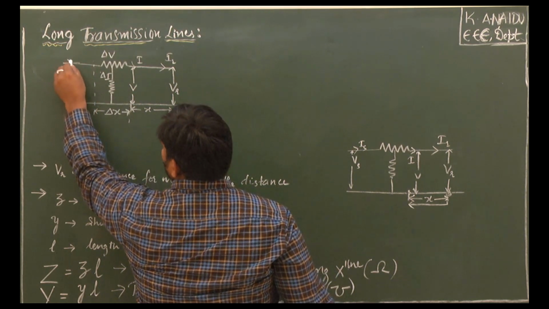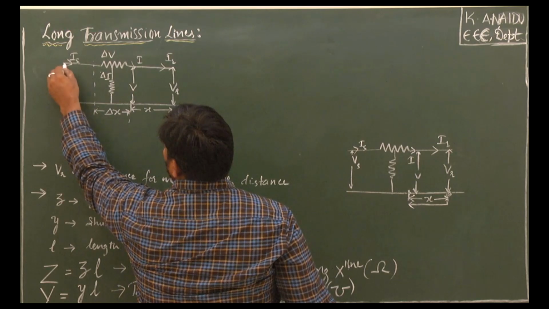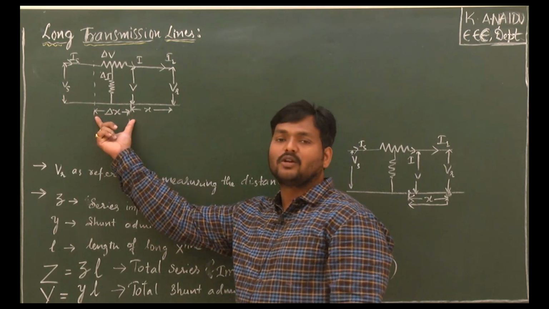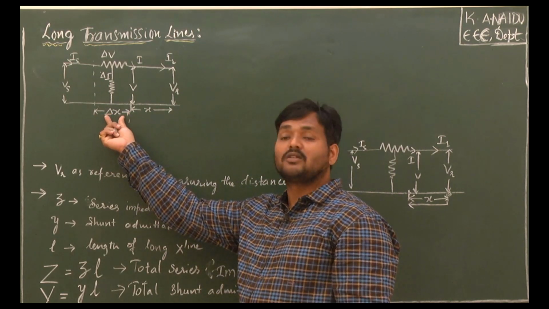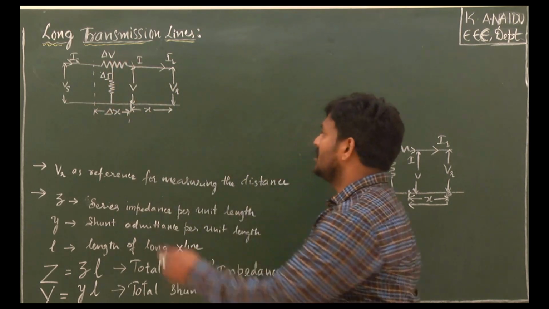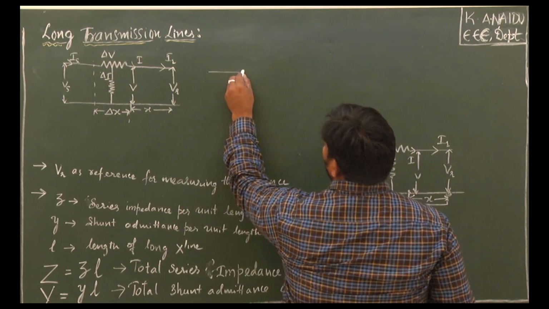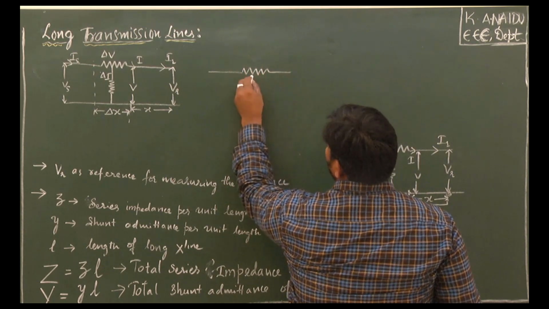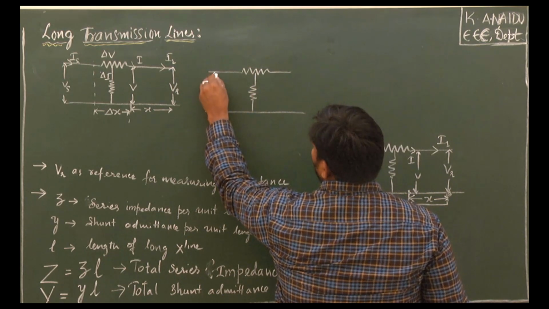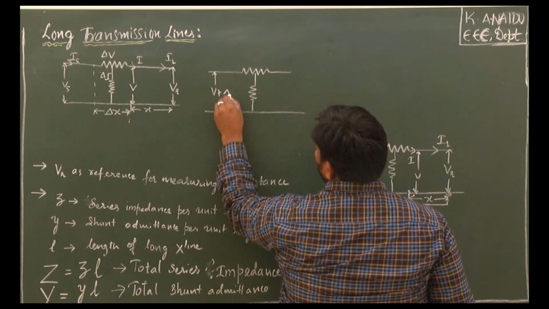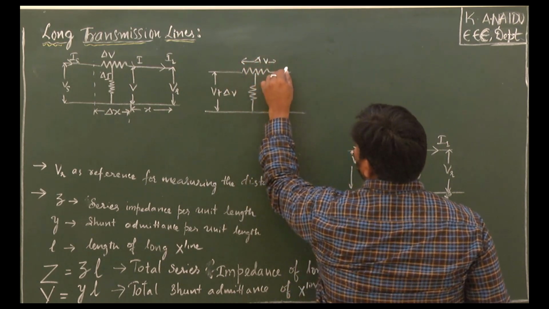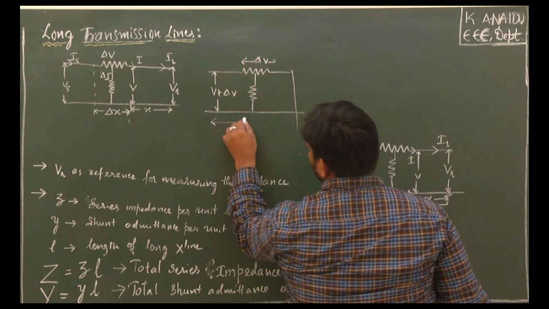Here this is the sending end current and sending end voltage. So we are assuming a small length of the line having a distance of delta x. The current and voltage are given by delta I and delta V. If you draw the equivalent circuit, it will look like this. Here you have the voltage V plus delta V, that is the voltage of this element. This is delta x.